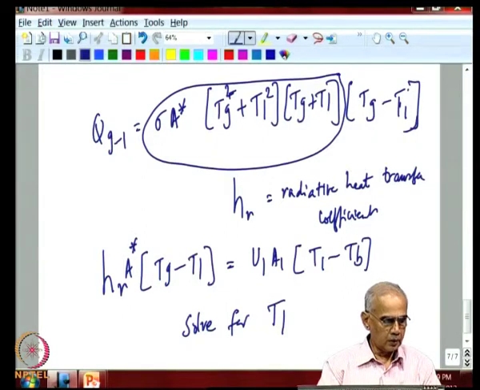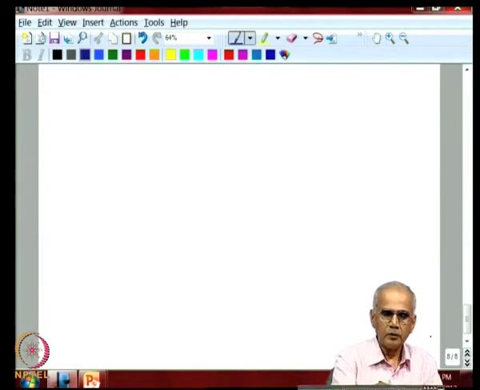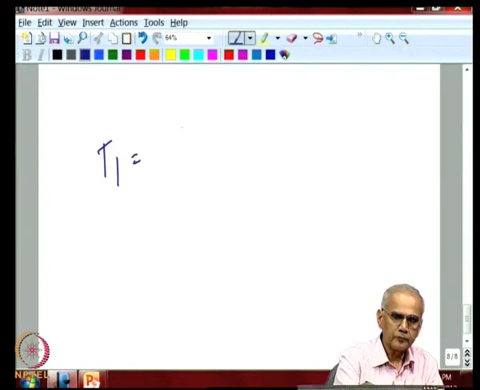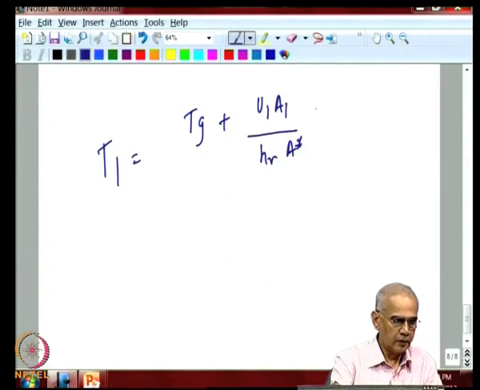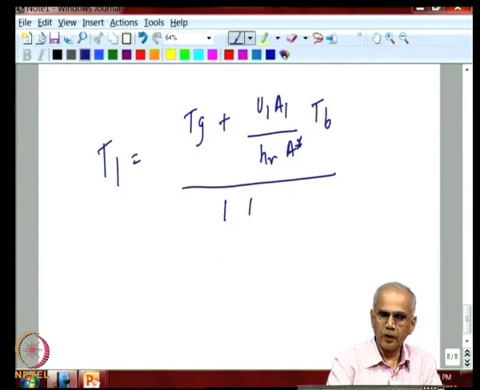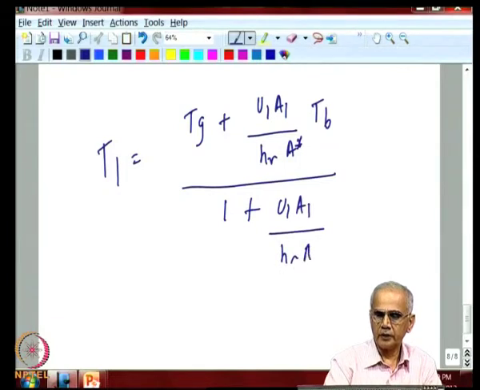So, if you do that, you will get the following result for T1. T1 will come out as Tg plus U1 A1 by HR A star into Tb, divided by 1 plus U1 A1 by HR A star.